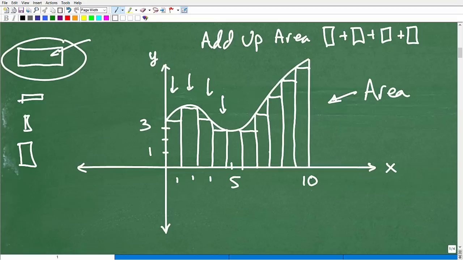So my question to you is this: what if I said, hey, good job, you gave me a pretty good estimation of this squiggly here, but I want a more precise answer? And you might be like, oh, you want a better answer than that? That was a lot of work, right? That was like 1, 2, 3, 4, 5, 6, 7, 8, 9, 10, whatever, how many little rectangles. And you had to add them all up.